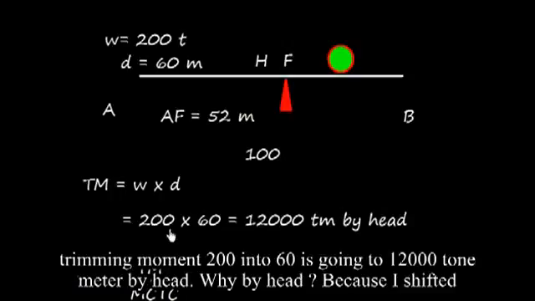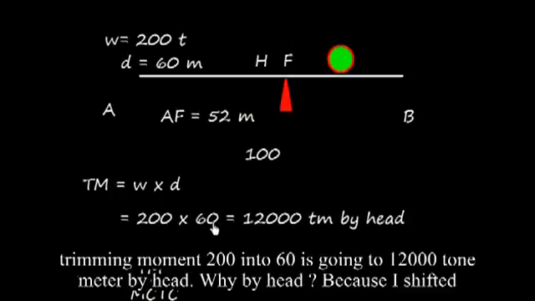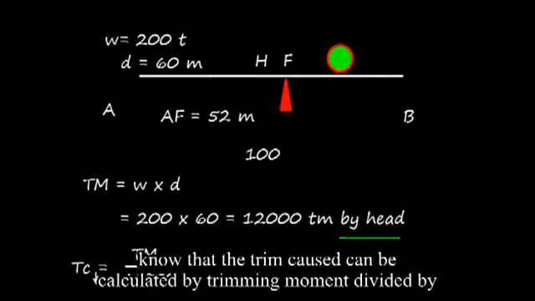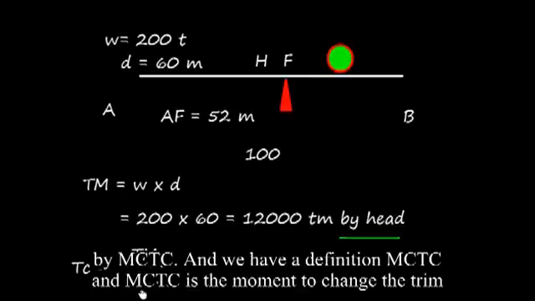So we'll have the trimming moment 200 into 60 is equal to 12,000 ton meter by head. Why by head? Because I shifted this weight from aft to forward, so there will be a trimming moment in forward direction.